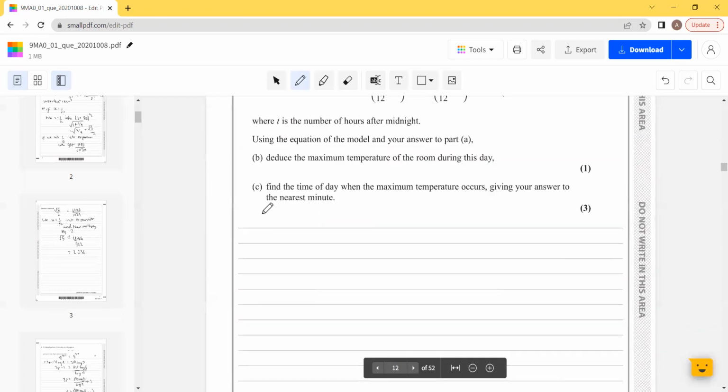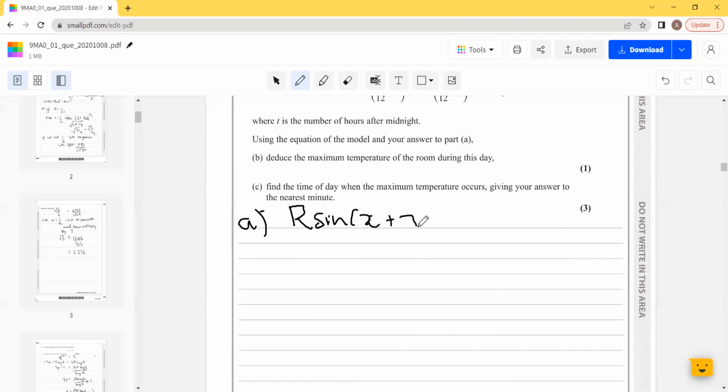Okay, so let's go ahead and do this. So what is r sine of x plus alpha? Okay, so I'm going to do a very long method, or the method that guarantees no mistakes.